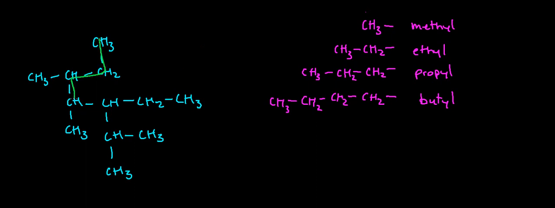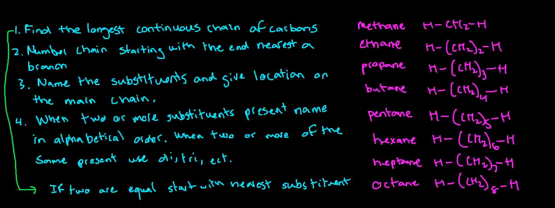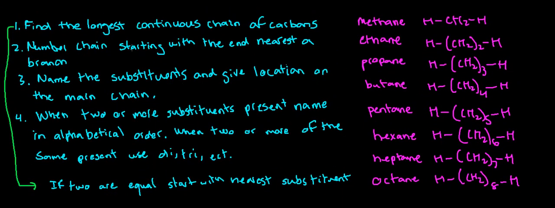So it could go this way, or this way. And normally the second step would be to number the carbon chain, starting with the end nearest a branch.